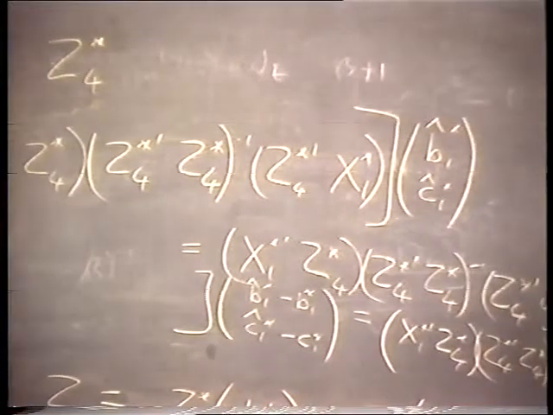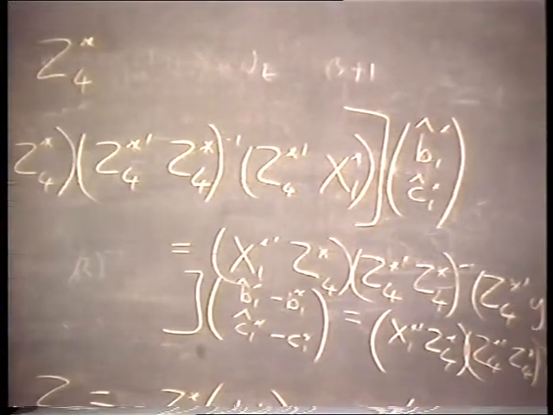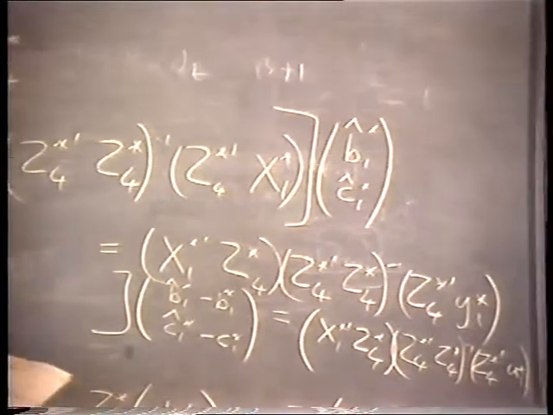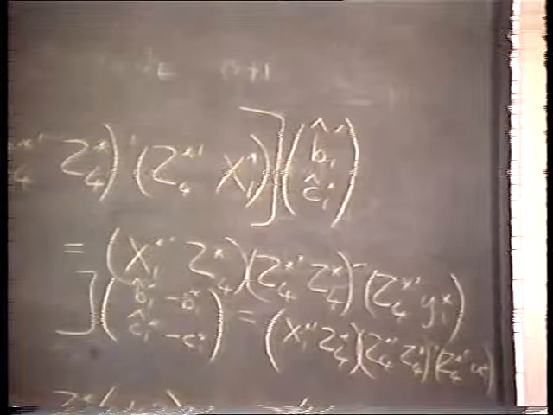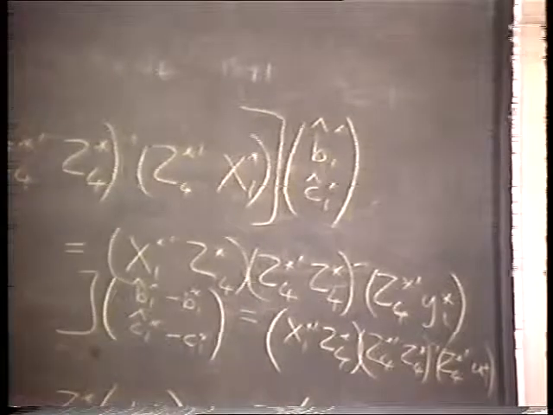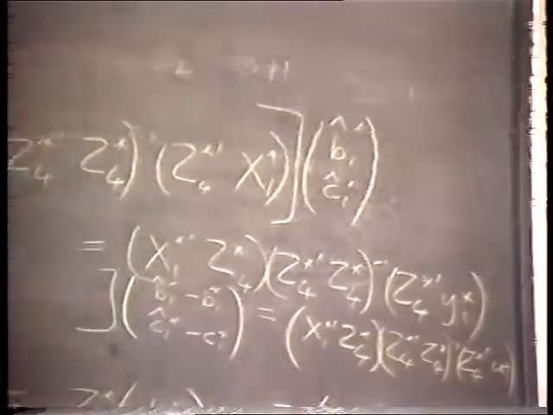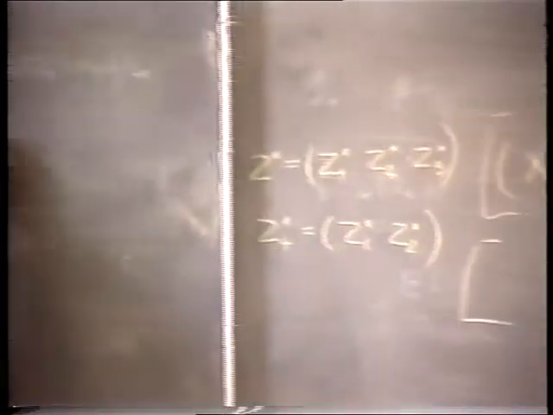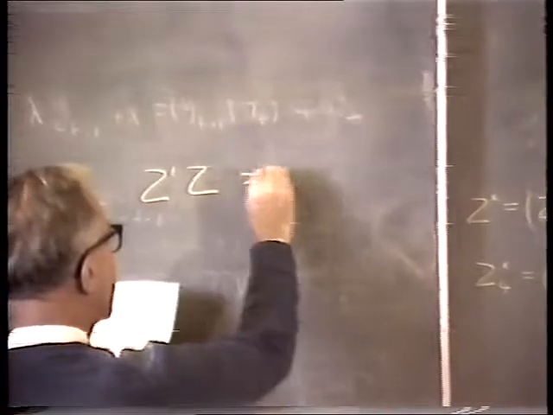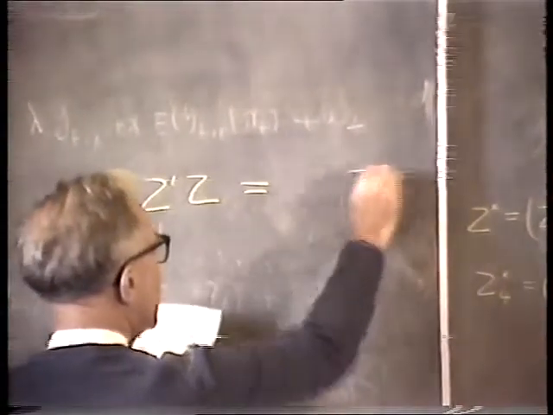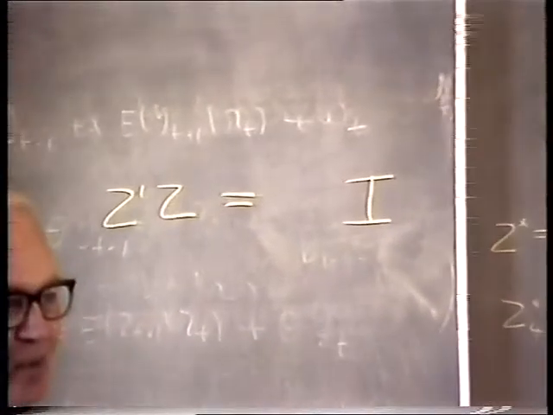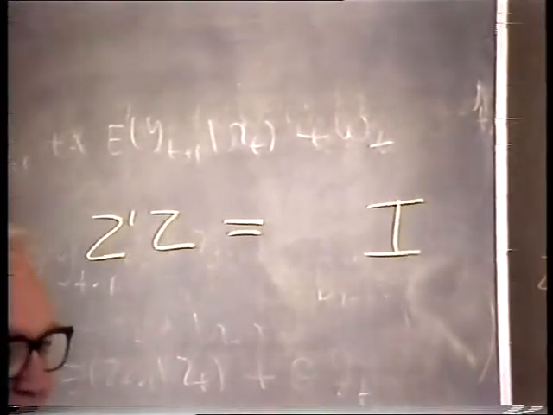Well, now we choose the transformation so that we have the following properties. Again, this is slightly non-standard on my part. The usual thing to do is to choose the transformation so that we have Z prime Z equals I, an obvious kind of standardization.